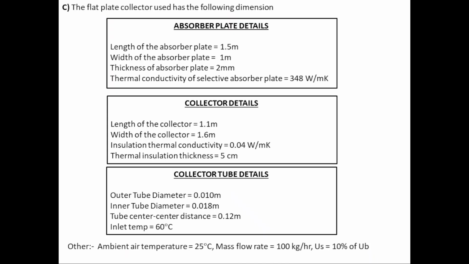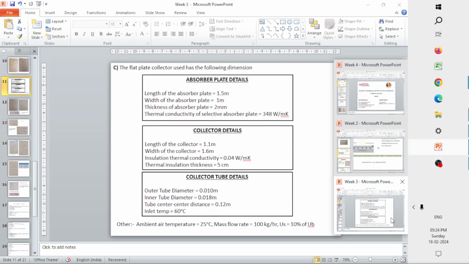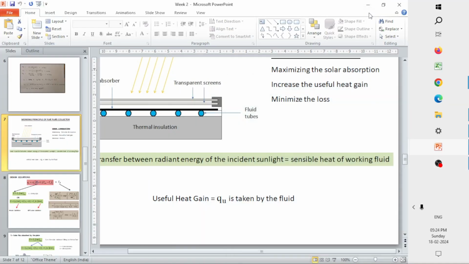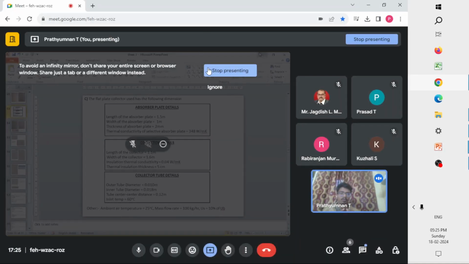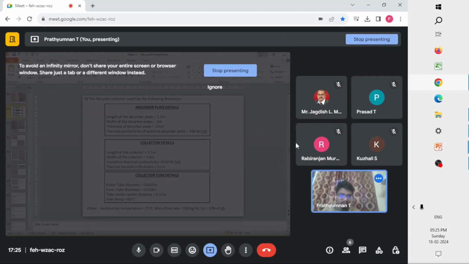After discussing this, we come to today's session, the week 4 session, where we will be solving how to calculate the efficiency of your flat plate collector. Do let me know if you have any doubts till now, any doubts in the calculation, because as I said previously, these calculations are quite tedious and the chances of making a mistake are quite high.